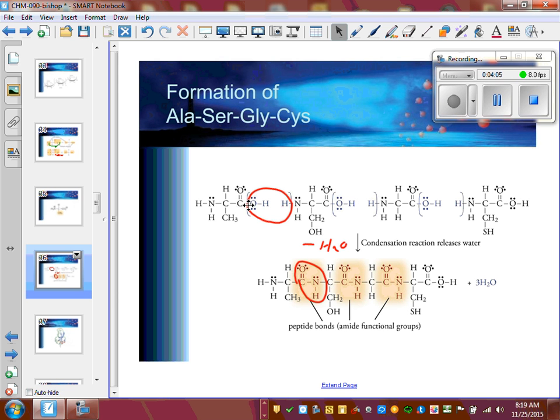And when we name them, read about them, they're named from the amino end to the carboxylic acid end. See here it ends in an NH2, over here it ends in COOH. So we start at the NH2 end, so it's alanine, serine, glycine, cysteine. And these are actually official abbreviations: ALA, SER, GLY, CYS.